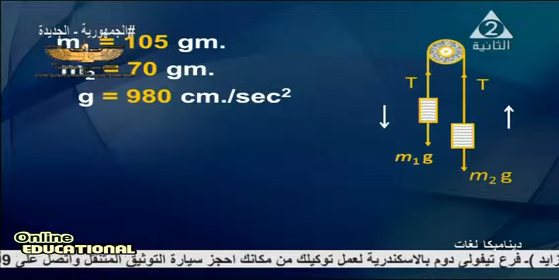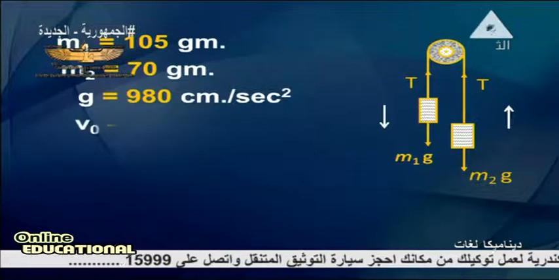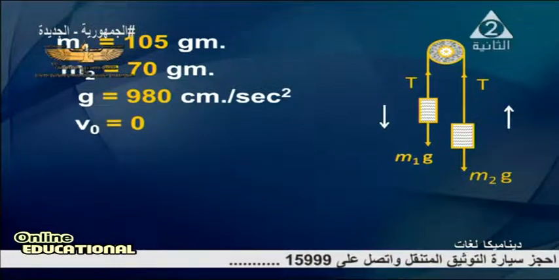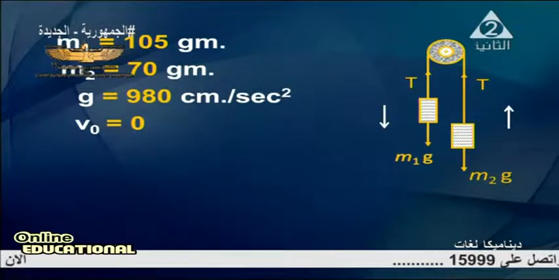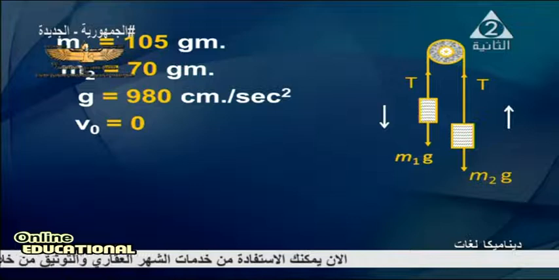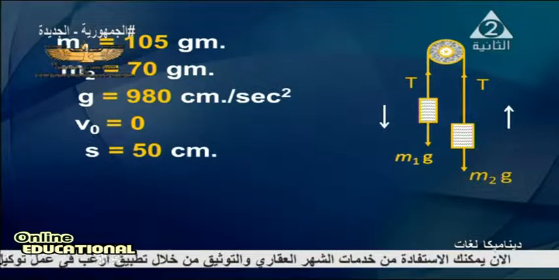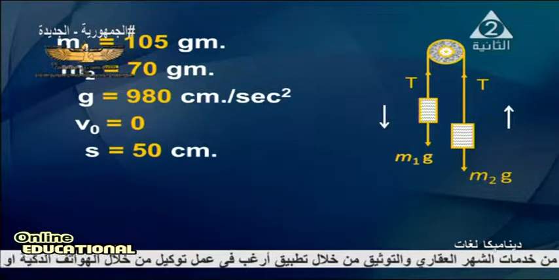Now we have two masses, M1 105 gram, M2 equals 70 gram, and g equals 980 centimeter per second square, and the system at rest. Then the velocity v naught equals 0, and the system moves 50 centimeter. Then s equals 50 centimeter.